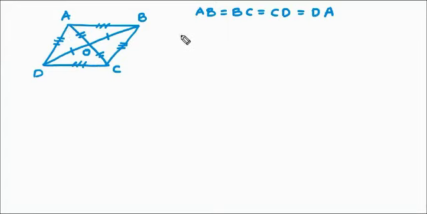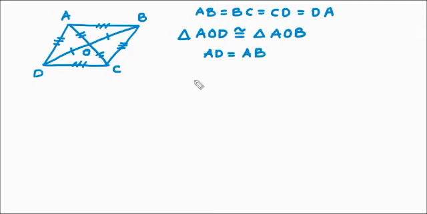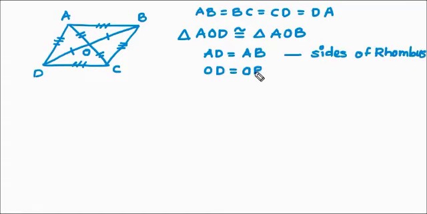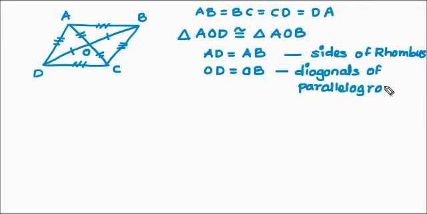It can be clearly seen that triangle AOD is congruent with triangle AOB because AD is equal to AB, sides of a rhombus, OD is equal to OB because diagonals bisect, and AO equal to AO. It's common.